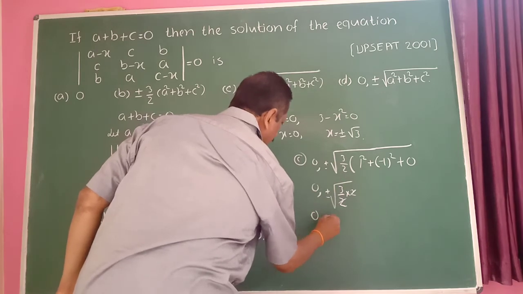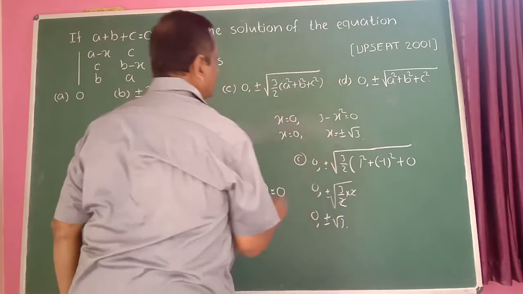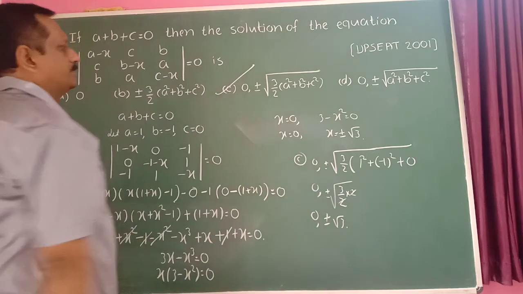Hence 0 plus or minus root 3. Hence C is the correct option.